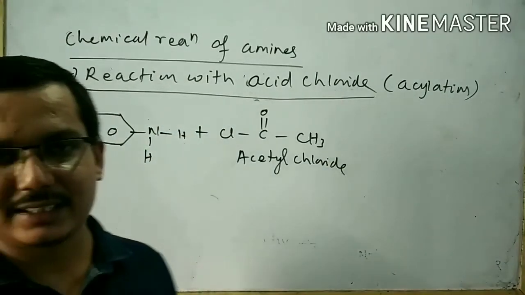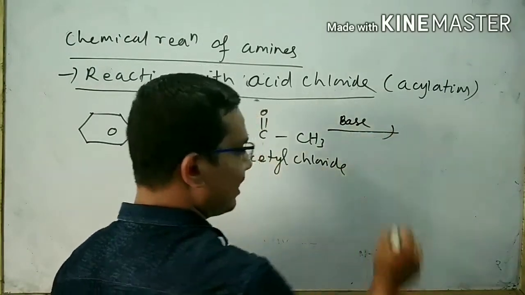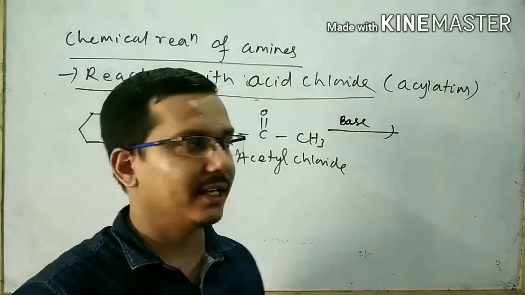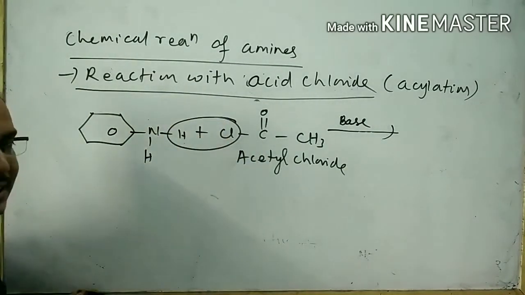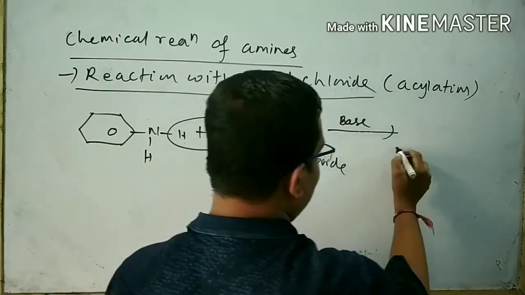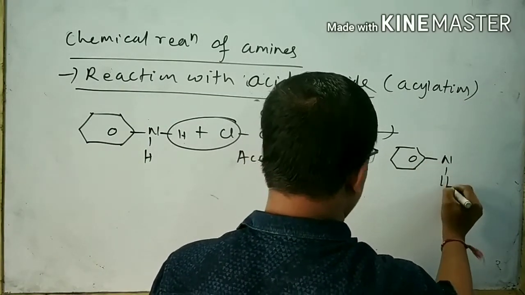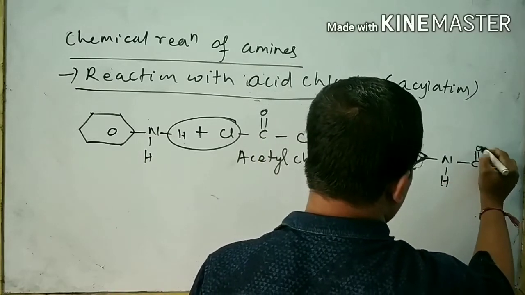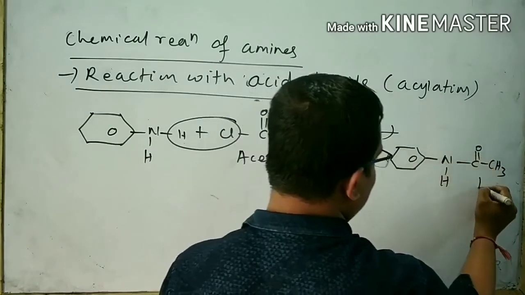Here it is highly necessary to give a base, that is NaOH or pyridine. As a result, the reaction will proceed. Here the removal of HCl takes place and gives this, and it is considered as the main product, and the byproduct is HCl.